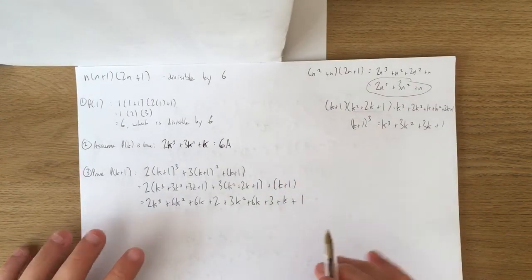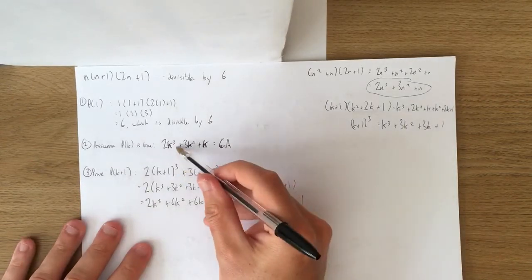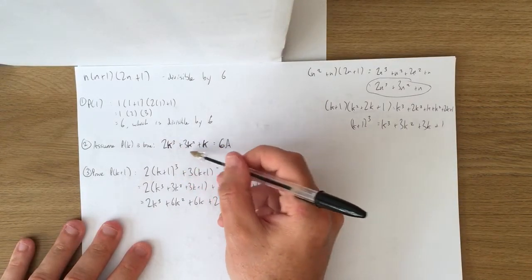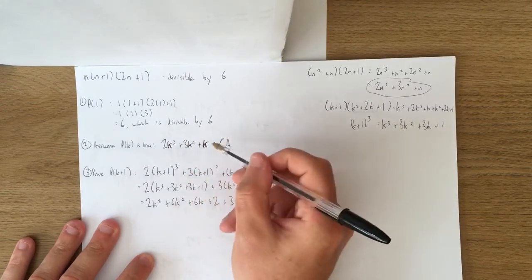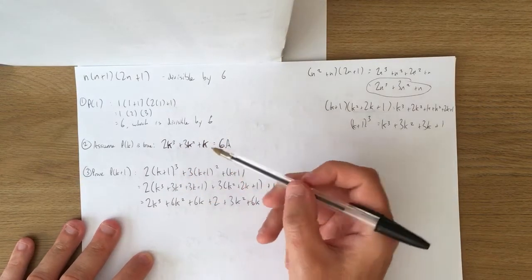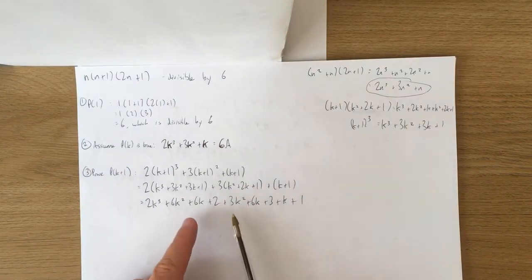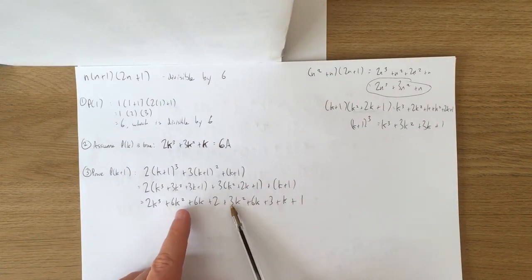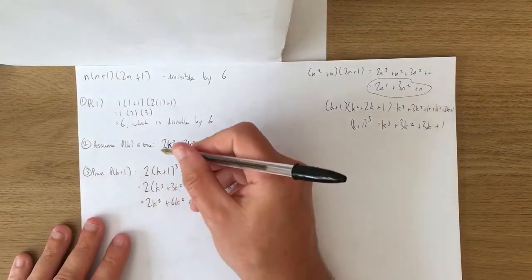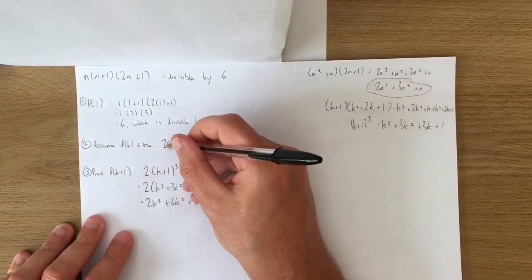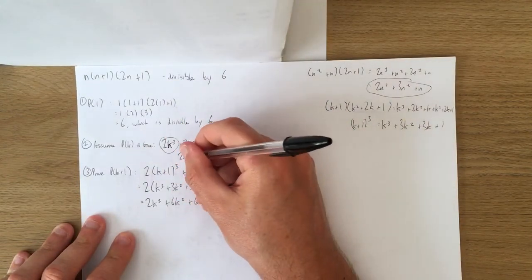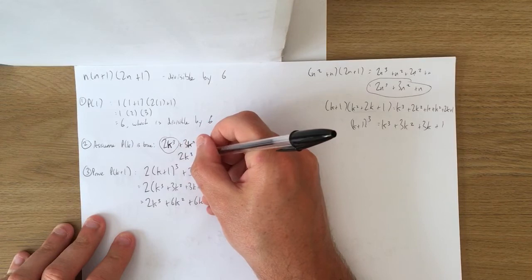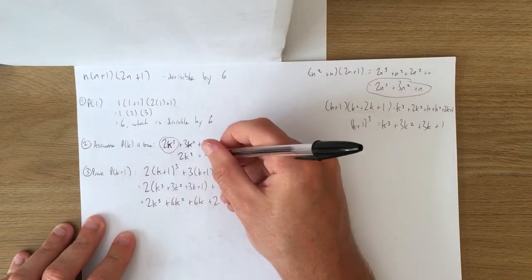All right. Now, what we do with these is we isolate one of these, and then we're going to sub in for it in the Pk plus 1 step. You probably don't have a choice here, because you don't have a 3k squared. The only thing I think makes sense to isolate, and the one I would have defaulted to anyway, is this one. So rewrite your Pk step as 2k cubed, leave on the left hand side, move everything else over to the right hand side.